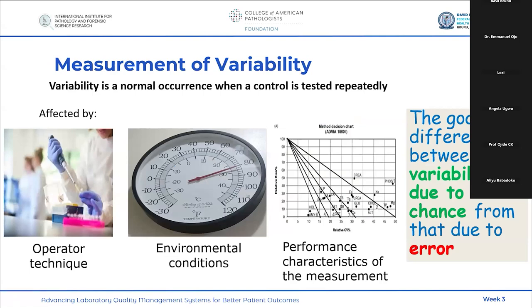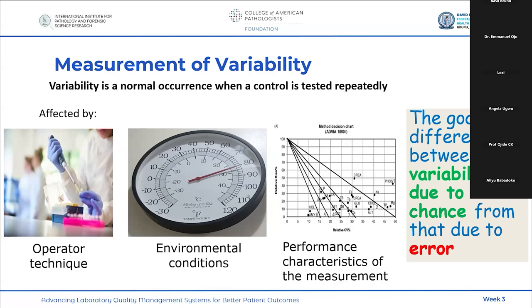So another important thing I want to share with you is that the goal of quality control is to differentiate between variability that is due to chance from variability that is due to error.